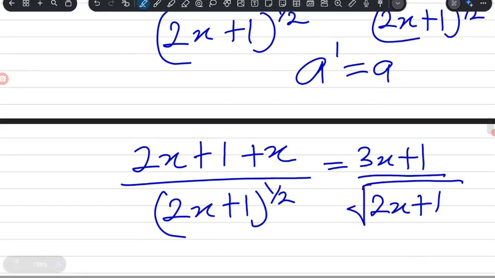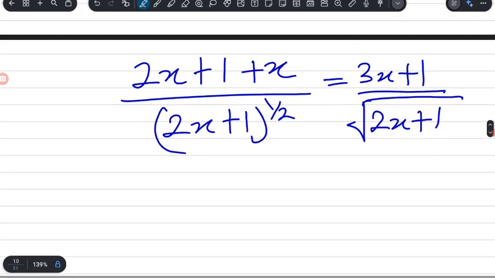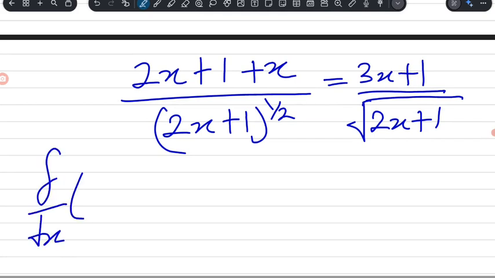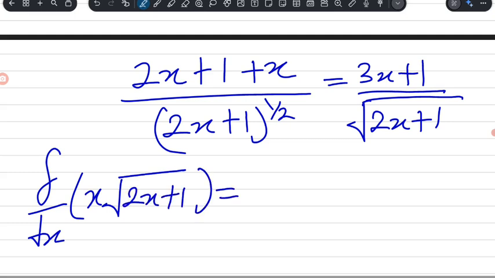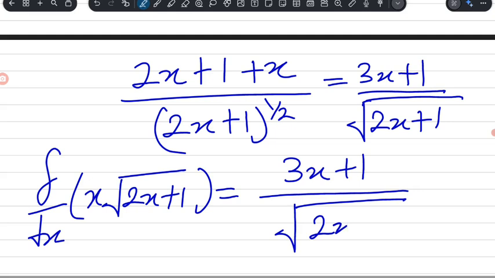So telling you that the derivative of x root 2x plus 1 will give you 3x plus 1 all over the square root of 2x plus 1.